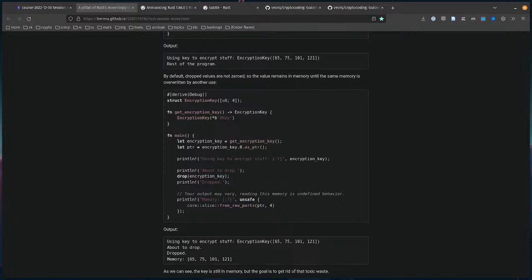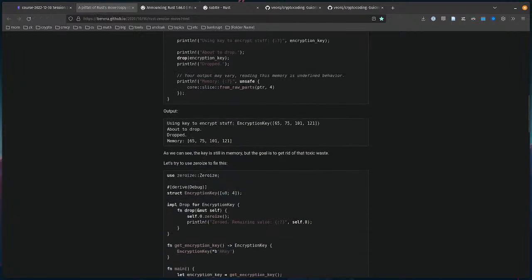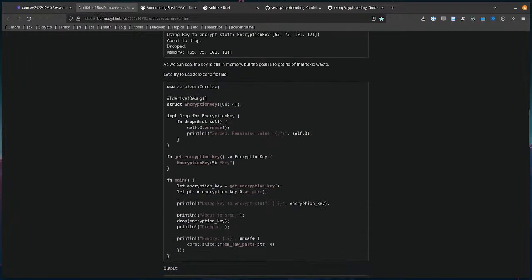And generally, when we're thinking about the adversaries that we want to consider with our cryptography, we can do encryption and decryption in a way that the secure information is only picked up as soon as it's needed and dropped as soon as it's not, so that the way that it is used is minimally under threat of being retrieved by an adversary. So Secrecy and Zeroize are two libraries that you should definitely investigate, and the homework includes some exercises for using them.